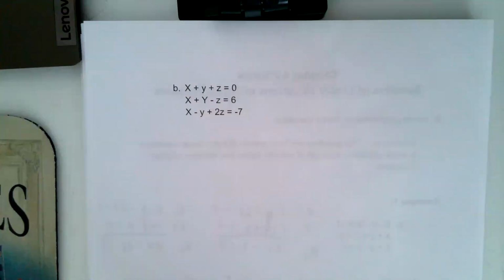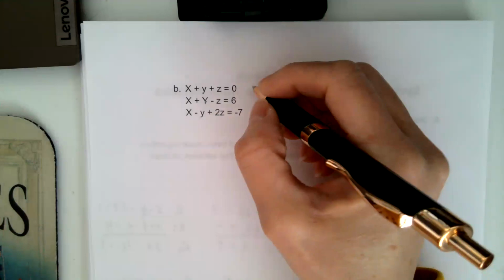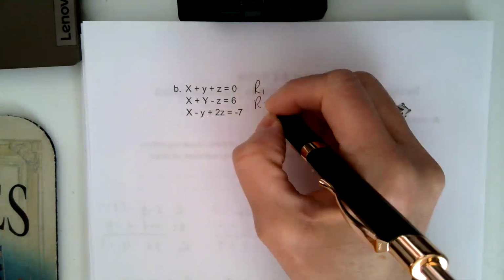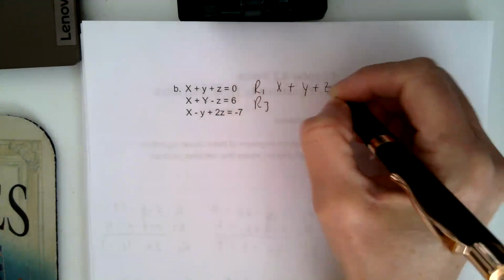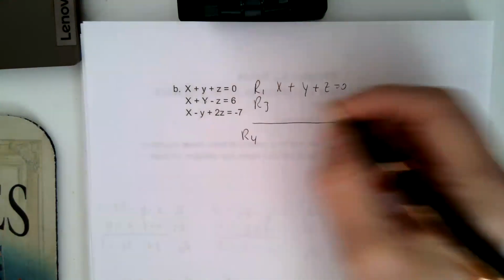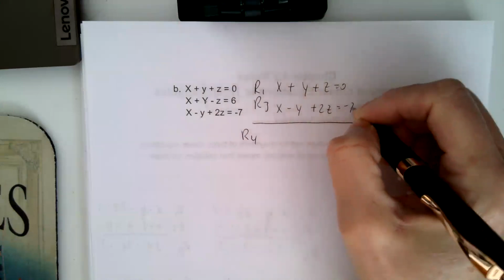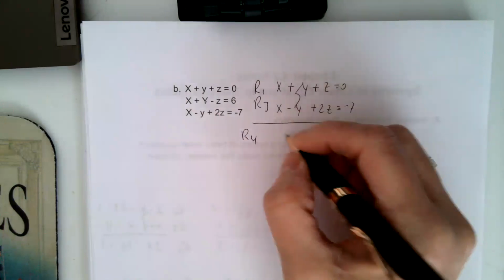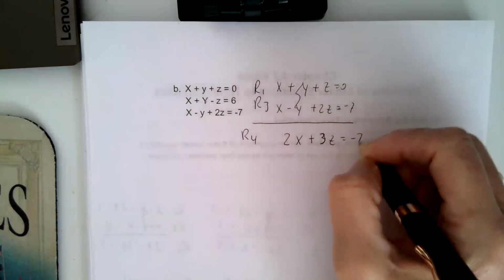We have these three rows, row 1, 2, and 3. And it looks like my Y's can cancel again. So I'm going to add row 1 to row 3. And then that's going to create row 4 again. So the Y's cancel. I've got 2x plus 3z equals a negative 7.